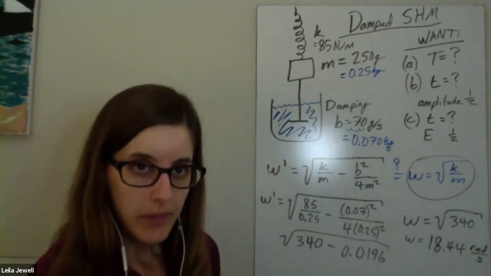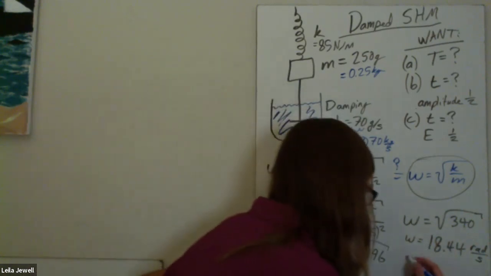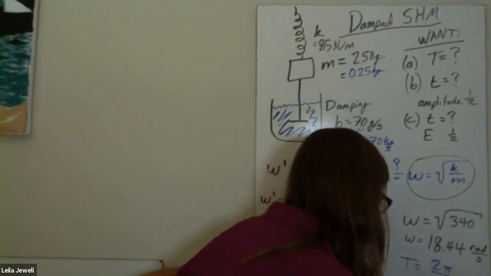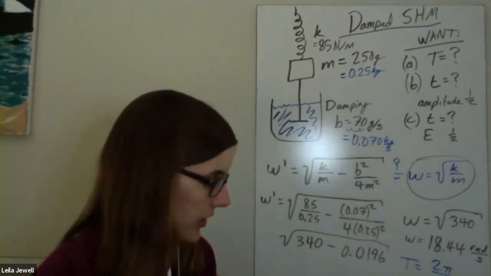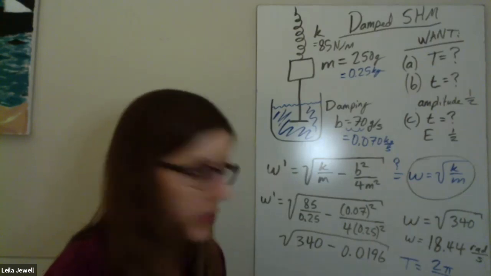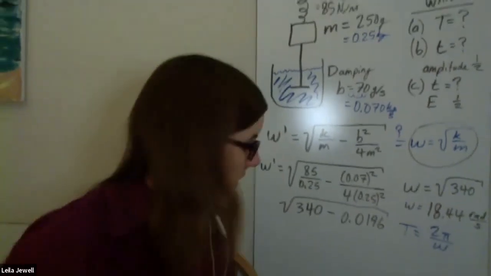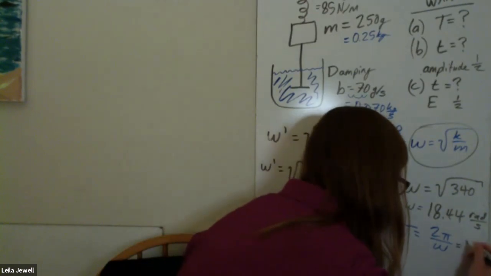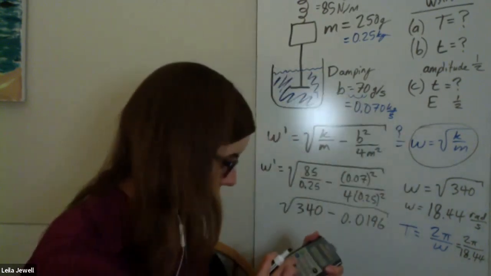So period is going to be 2 pi divided by this angular frequency. Because it's the inverse of the linear frequency or the cyclic frequency, and then the 2 pi to get rid of the radians per second there. So if we go ahead and plug in 2 pi divided by this 18.44, which I'll just use my inverse button on the calculator.